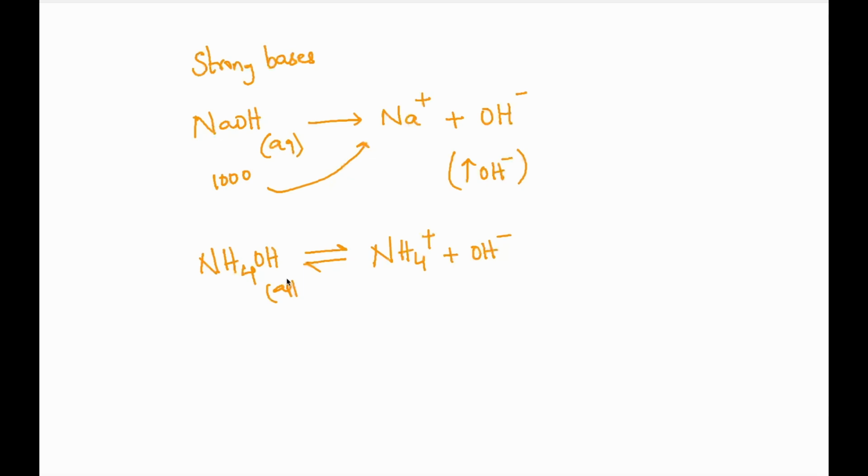Again, because the reaction is reversible, the products formed can again combine to form the reactant again. So any weak base when put in an aqueous solution would have more number of undissociated molecules than the ions. So weak bases will generally produce less number of OH- ions when compared with strong bases.